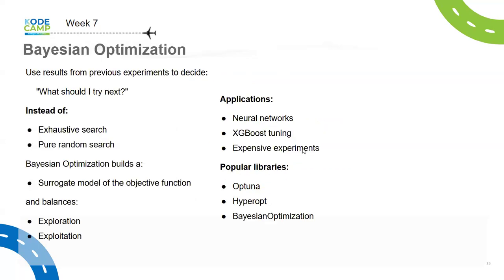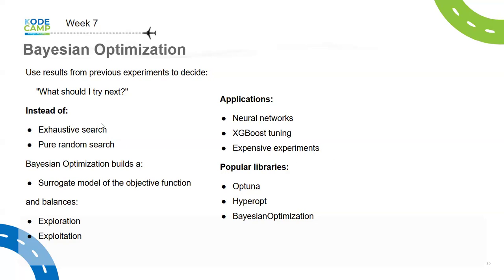Okay. Then there is also Bayesian optimization. This is another method, right? So with Bayesian optimization, what you do is you train a model and you evaluate it. Then based on the results, the algorithm tries to make an educated guess of what's the next set of hyperparameters I should use.